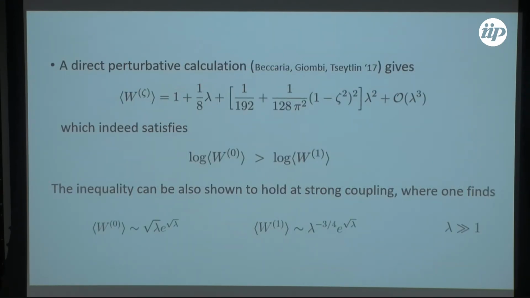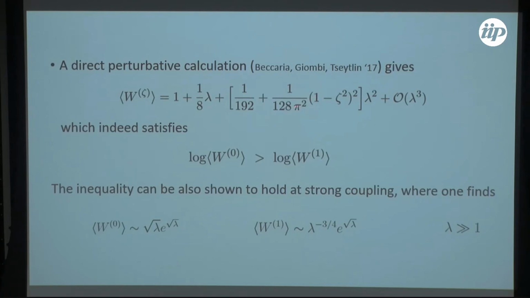So you do a direct perturbative calculation of the expectation value. You find this result in terms of zeta. For zeta equals 1, this goes away, and this is the usual expansion of the Bessel function that you may have seen. For zeta equals 0, you get this extra term.